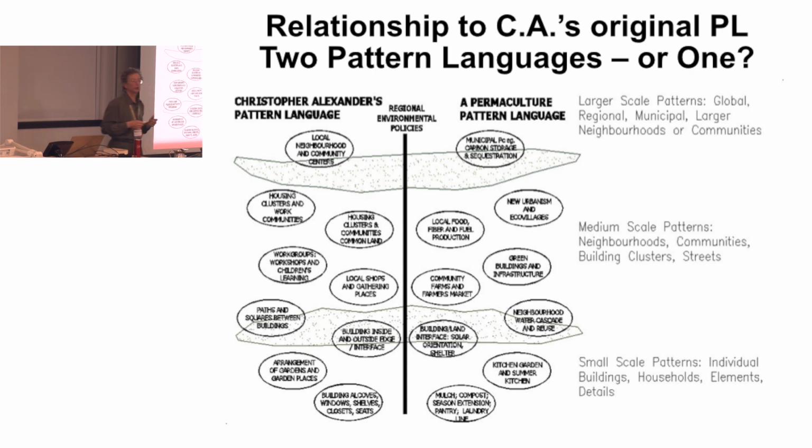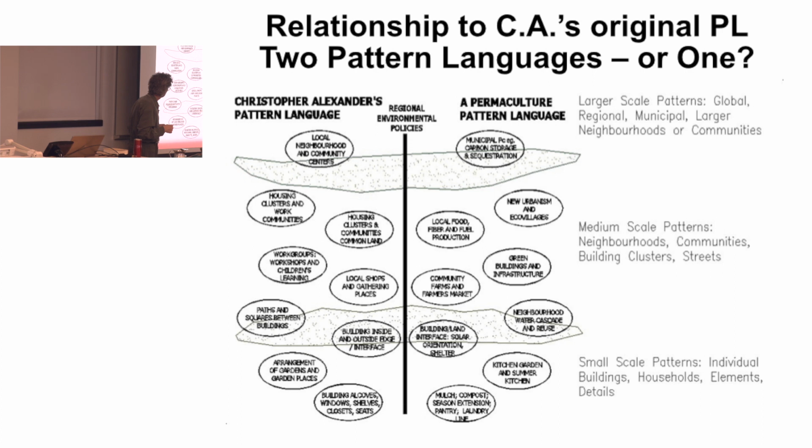Environmentally, we can be looking at local food, fiber, and fuel production. So that's definitely an environmental focus. Local shops and gathering places. We can also then start to look at community farms and farmers' markets. So this is starting to tell us a bit more about how we can interpret these old patterns in an environmental way and come up with new patterns.